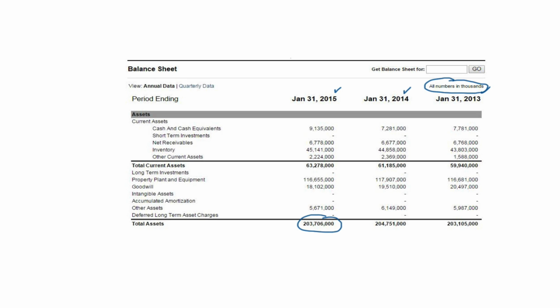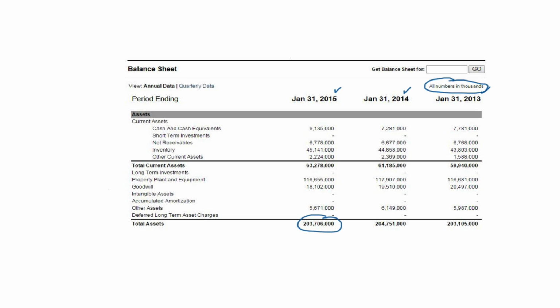This just means that they cut off three zeros, because it would take up far too much space to convey the financial information. So make sure when you're doing your analysis that you're representing the data accurately, because $9 million is a lot different than $9 billion, of course. Just a little FYI there.